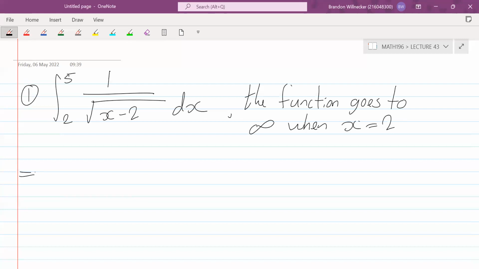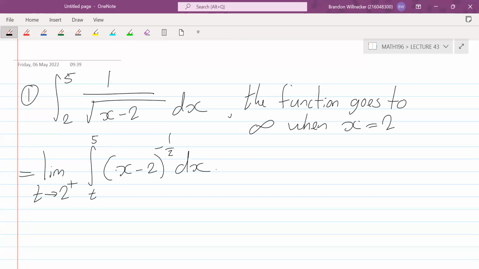So we're going to take the limit as t goes to 2 from the positive side, because the asymptote is going to be on the left of the area. The integral from t to 5, and then we can rewrite this as x minus 2 to the minus 1/2 dx.